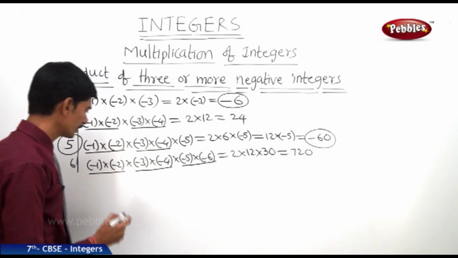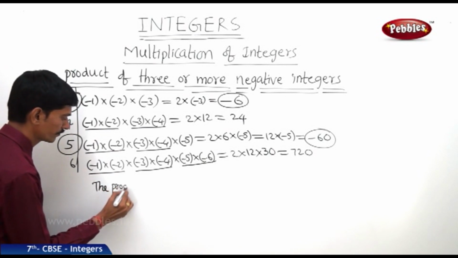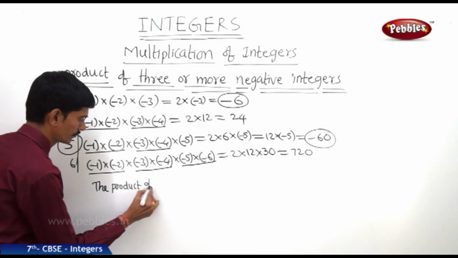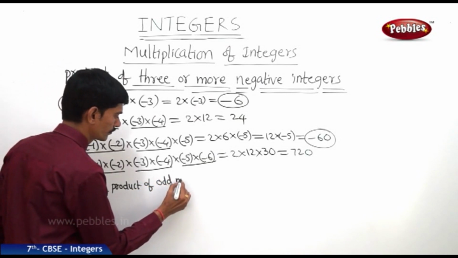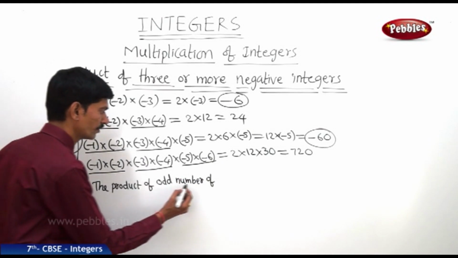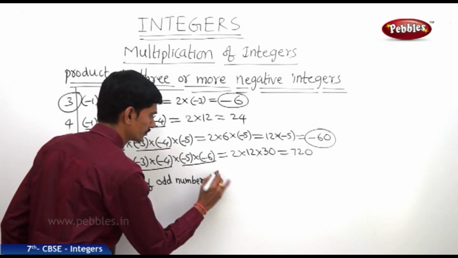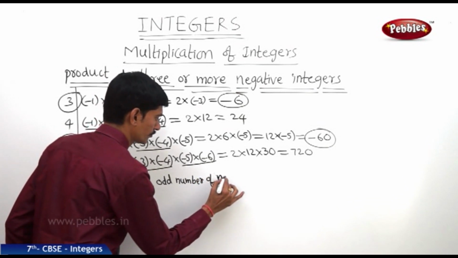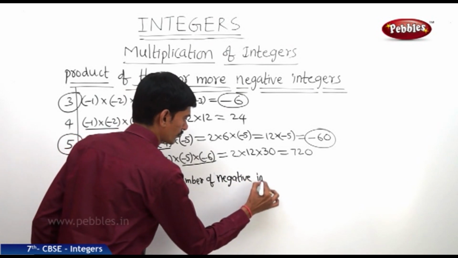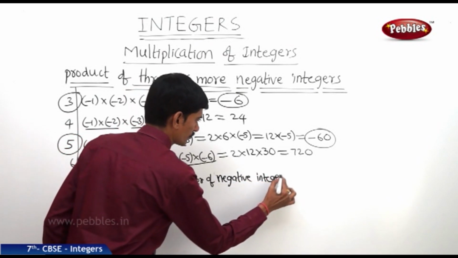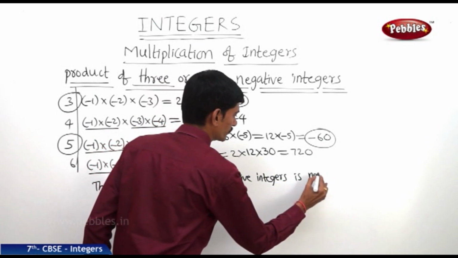So we can conclude that the product of an odd number of negative integers is a negative integer.